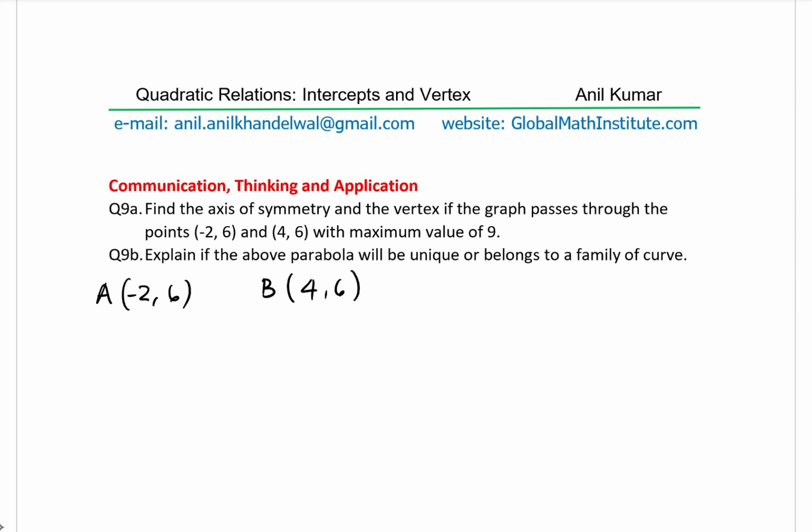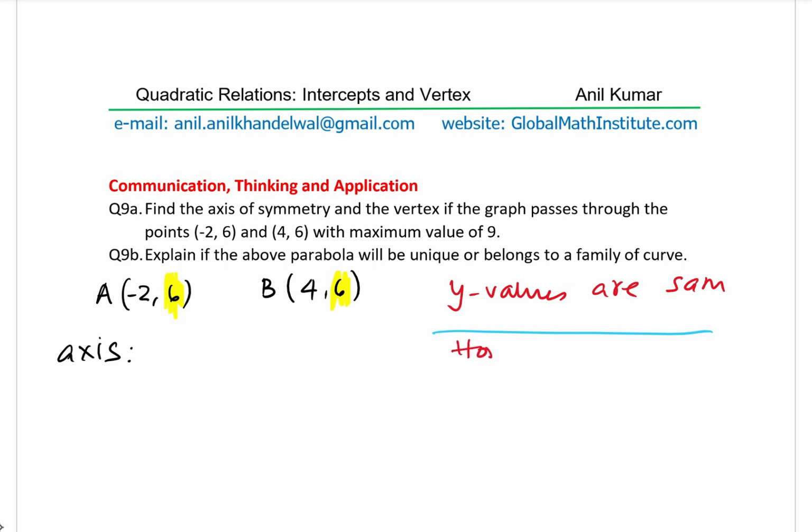How do you find the axis? Well, what you observe here is that the y values are the same. Perfect. Both are 6. Do you see this? That means we have a horizontal line with 2 points. So the axis is the average value of these two.